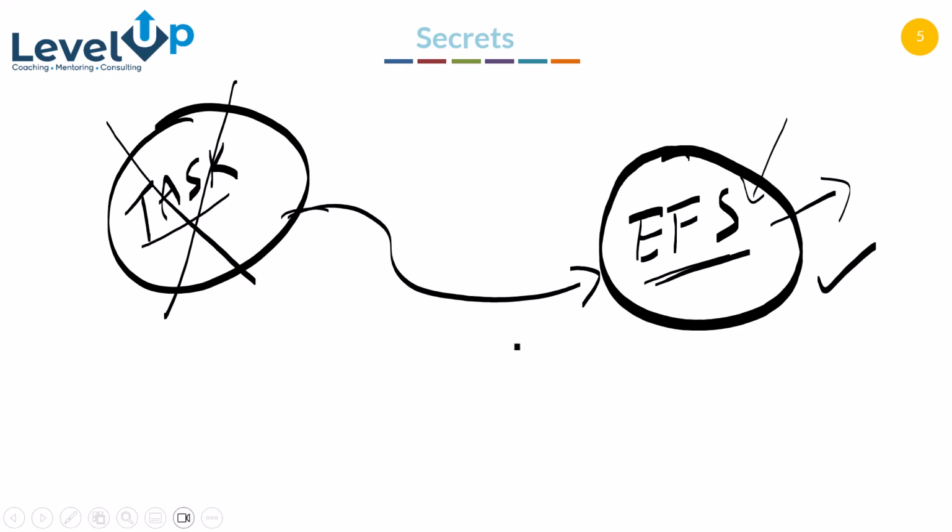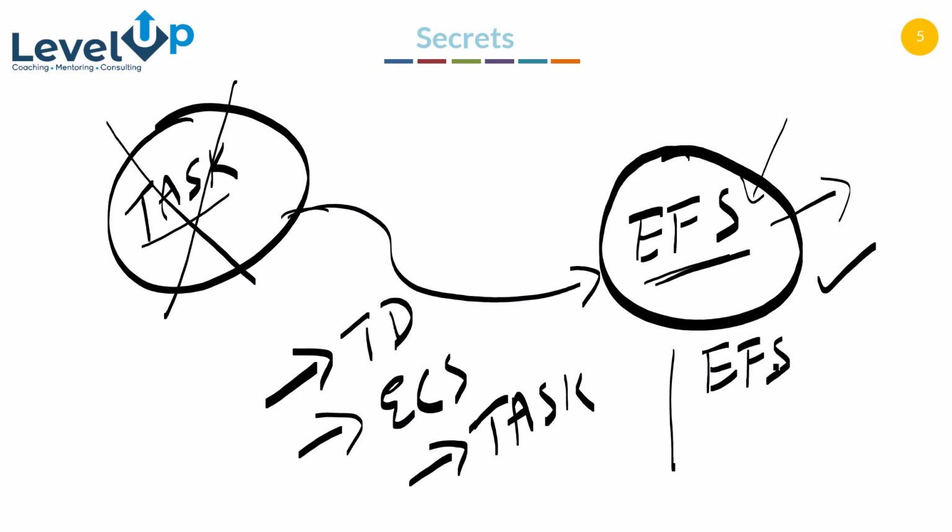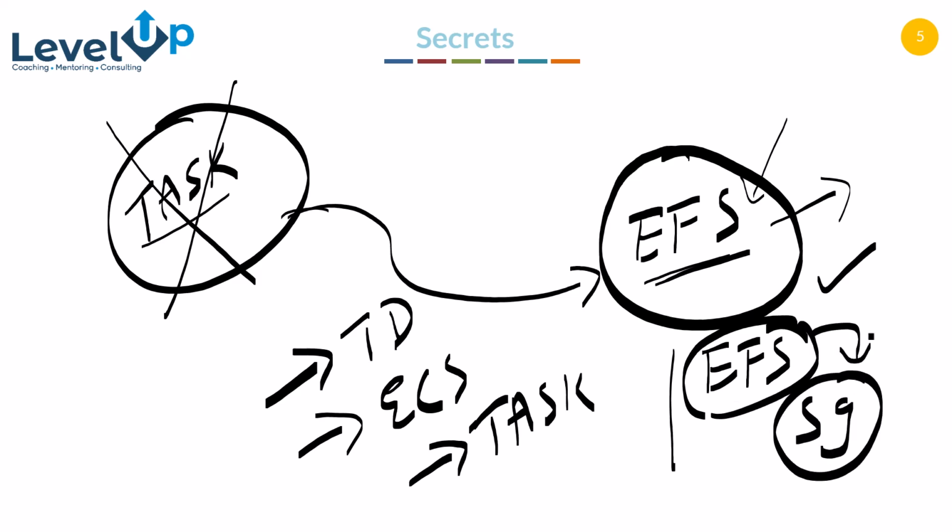Now let us see how to do that. To establish this hands-on exercise, first we need to create a task definition, an ECS cluster, and a task. Even before that, we need to create an EFS, and to make this EFS secure, we have to create a security group and put this EFS in this security group.